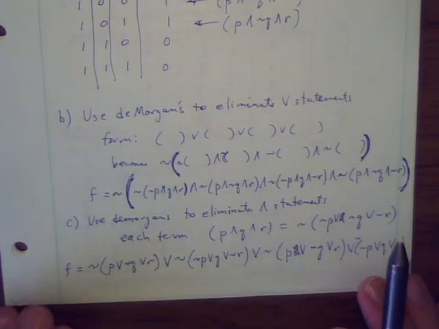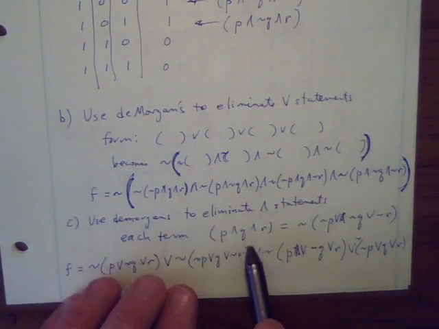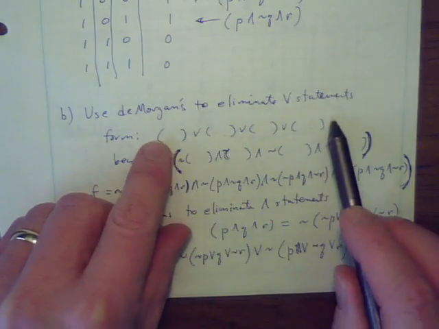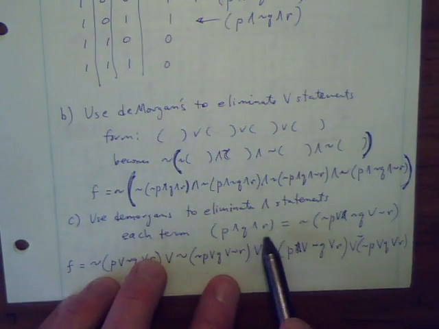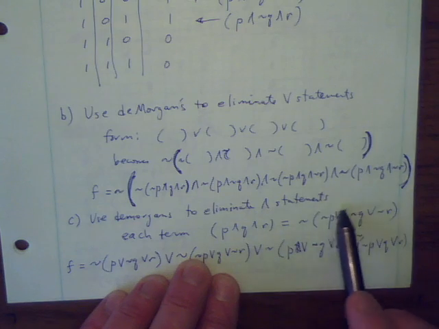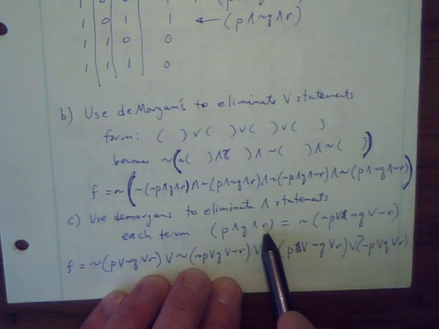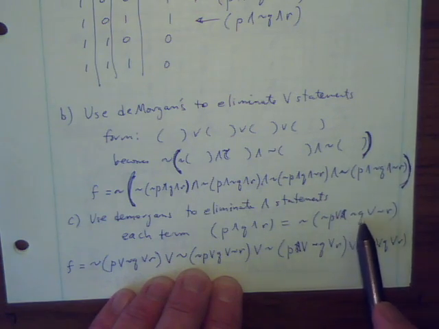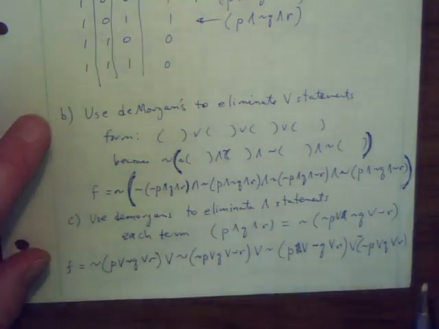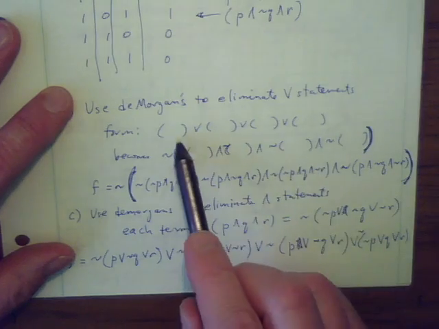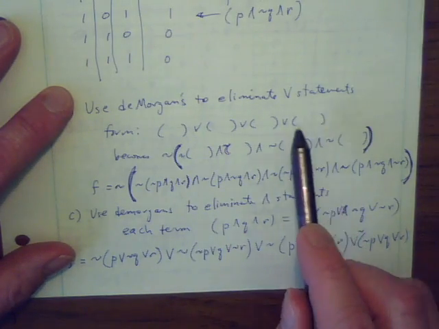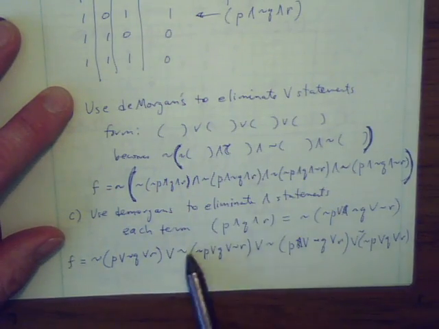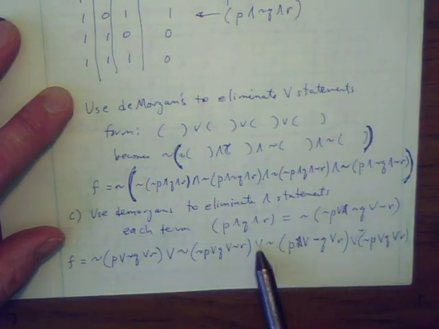I can now do the same trick if I want to eliminate the and statements. I'm going to do De Morgan's, but instead of doing it on the whole big structure, I'm going to do it on each of the little inside terms. So, for example, P and Q and R turns into a not on the outside with a not P or a not Q or a not R. I'm going to leave the overall structure the same: 4 things ORed together with 3 big OR statements.